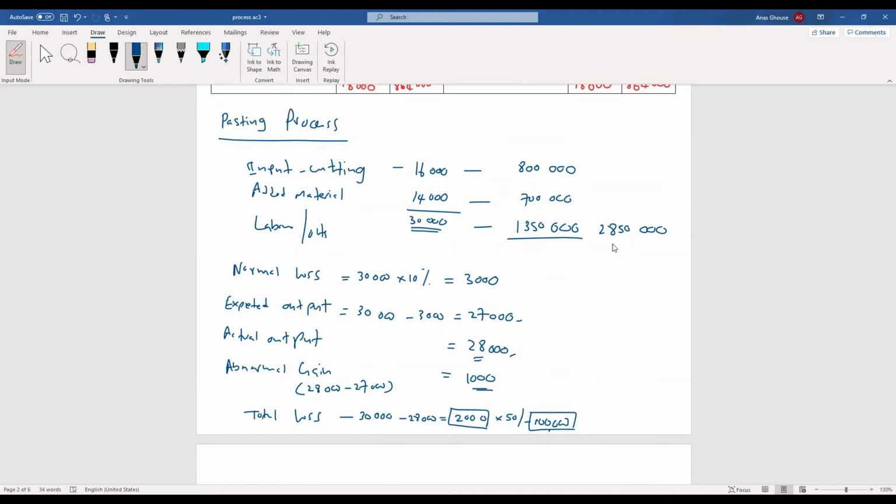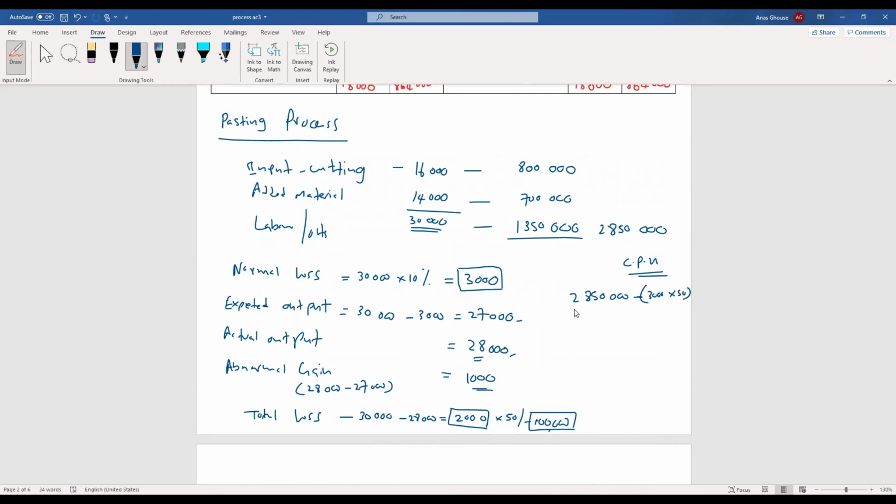Now we need to calculate the cost per unit. How do you calculate the cost per unit? From the total cost, we need to eliminate the normal loss of 3,000 that could be sold for 50.